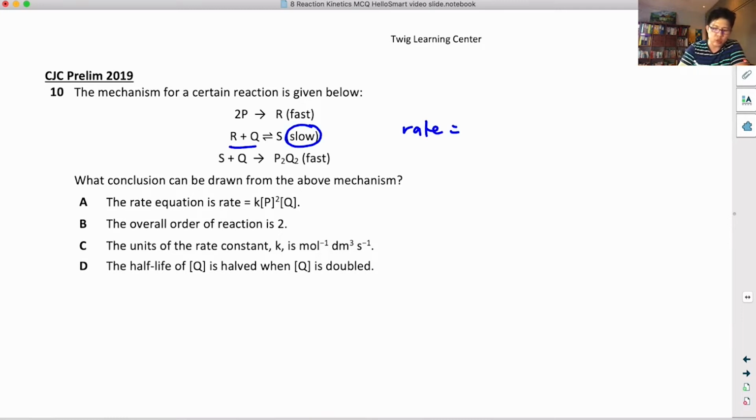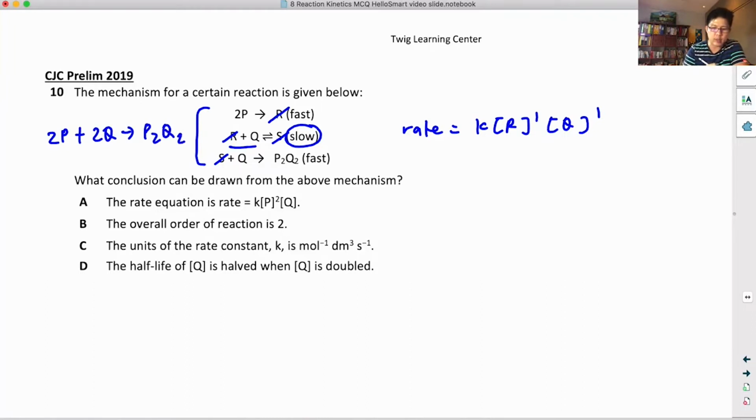The slow step involves R and Q, so it's first order with respect to R and first order with respect to Q. But if you look carefully, if you add all these equations together, the R cancels out and the S also cancels out, and in reality the reaction is 2P plus 2Q giving P2Q2. So R is an intermediate, and an intermediate cannot be part of the rate equation.